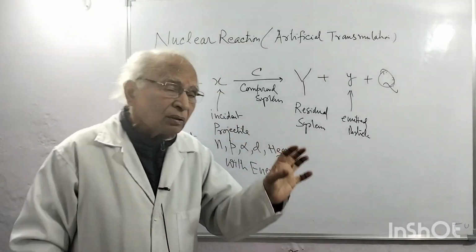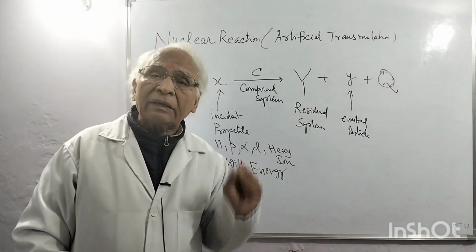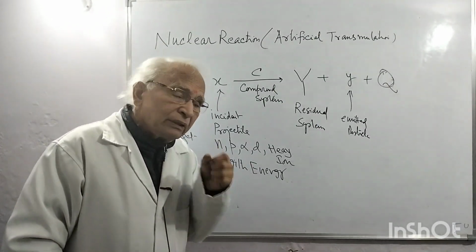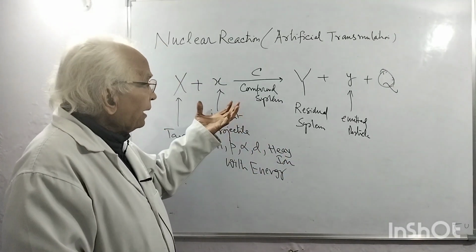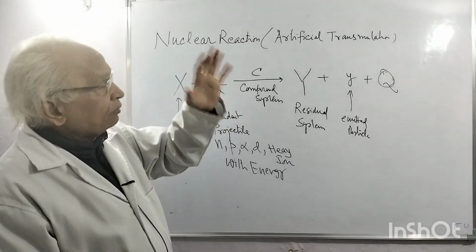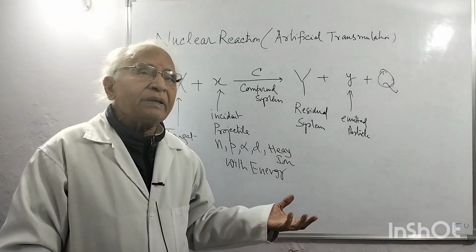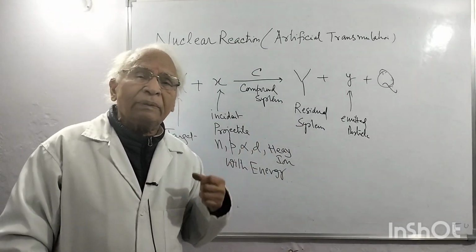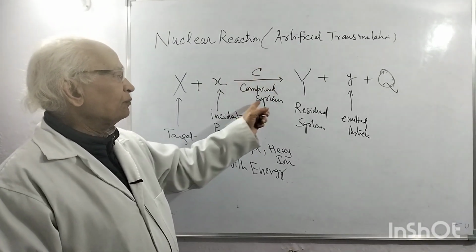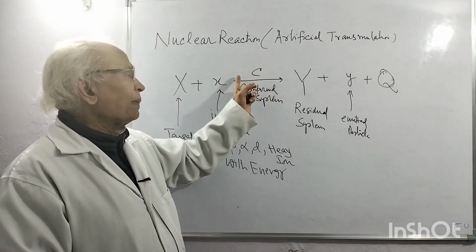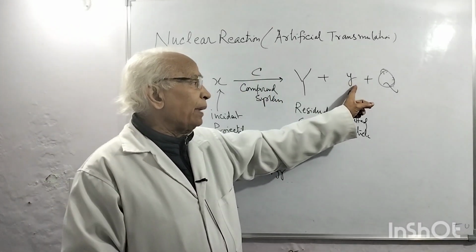When a nucleon or a combination of nucleons is sent towards a target nucleus, there is a transformation of energy and momentum. Many collisions may take place and there is energy sharing between the systems, and this system is formed for a temporary time, and then it stabilizes by emission of a particle.